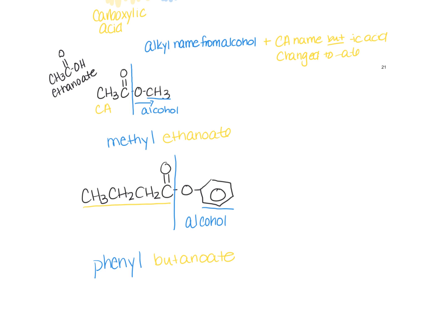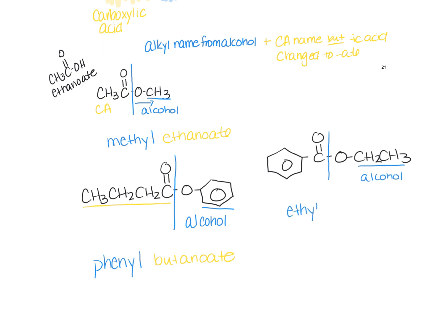Let's do another example where the benzene ring is on the other side. Again, I come here and I draw my line and I say, look, that comes from the alcohol. So we give that the alkyl name. That would be ethyl.